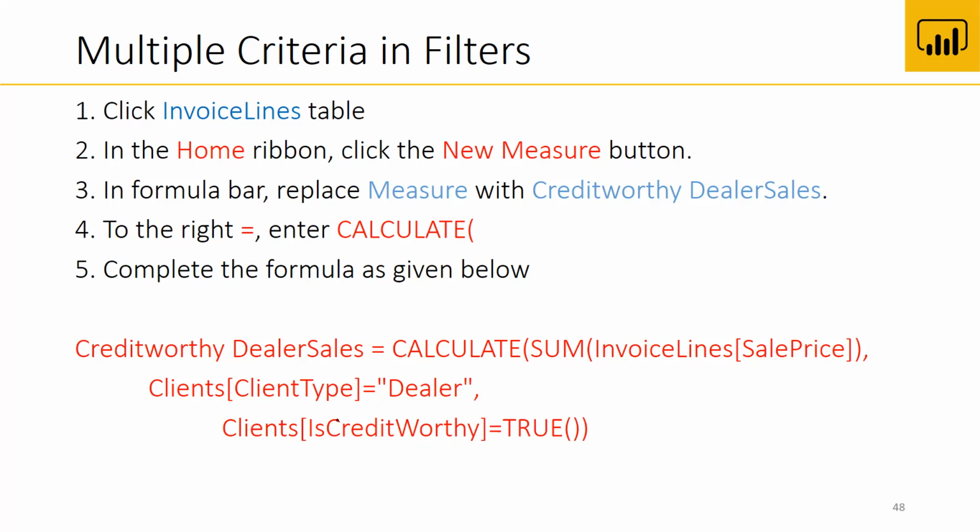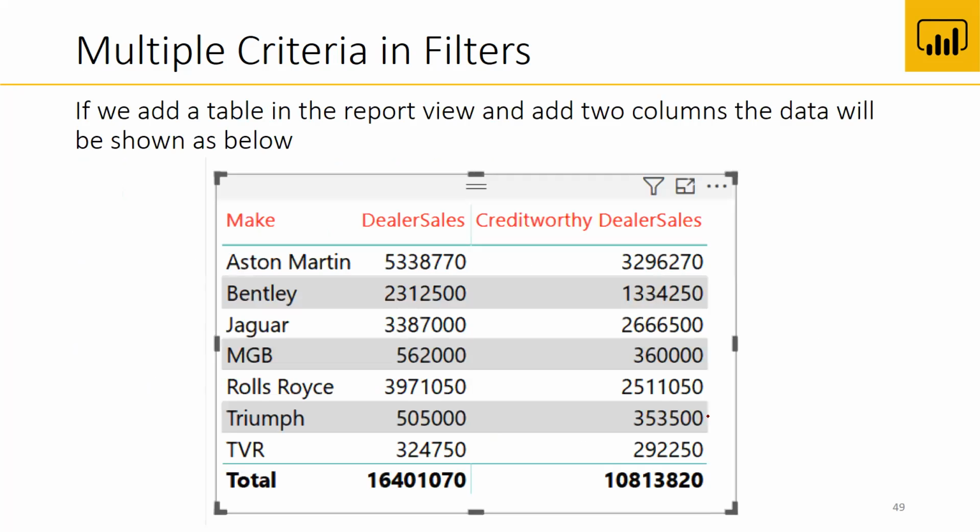If these conditions are fulfilled, then the sum of the invoice line prices is computed. Otherwise, if the condition is not true, then these two criteria will not be implemented, and the sum will not be calculated.